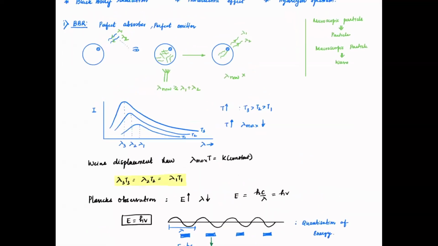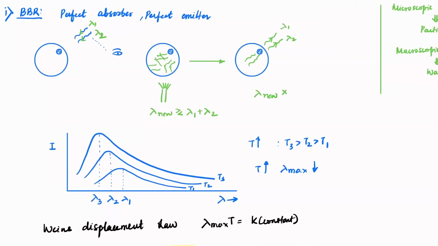Sure. See, since I'm using the definition perfect absorber and perfect emitter, which means we expect the black body to absorb all the radiation that is falling on it. And in contrast, when you start heating it, it is supposed to release all the radiations also.